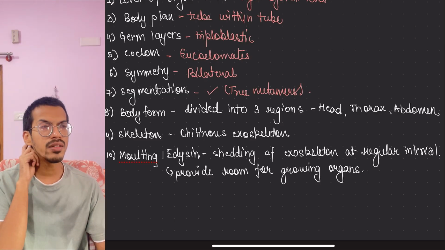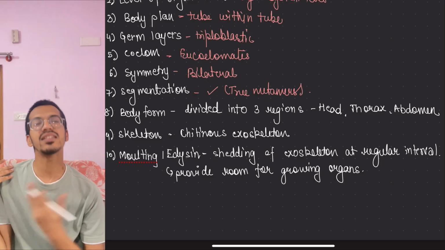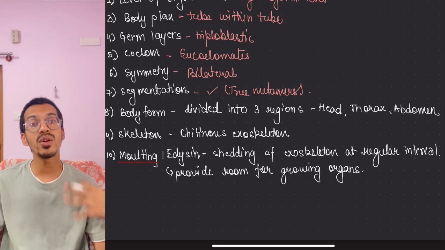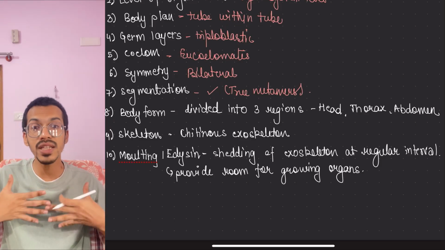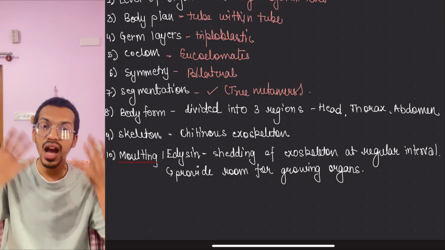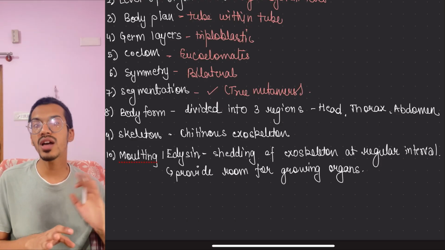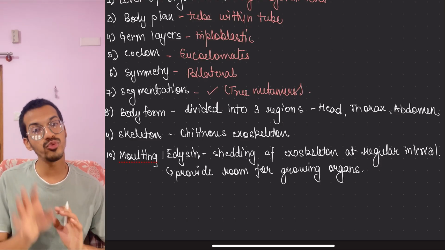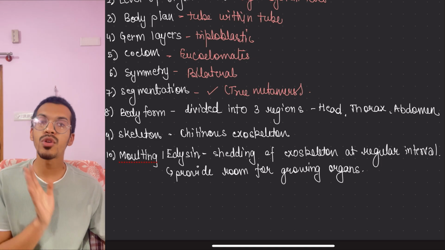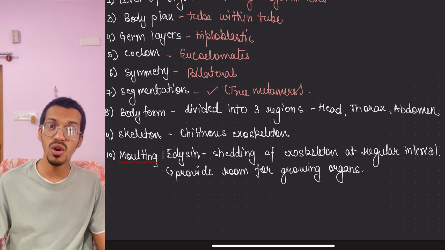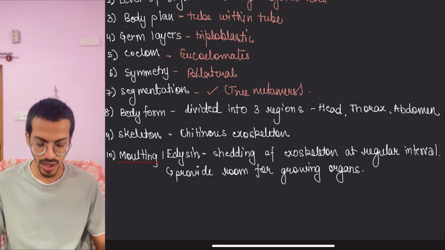For example, my body can be cut, but they can survive because their vital organs are protected from the outside. It's like armor. This outer chitinous exoskeleton protects them from problems that other organisms do not have and get killed because of it.